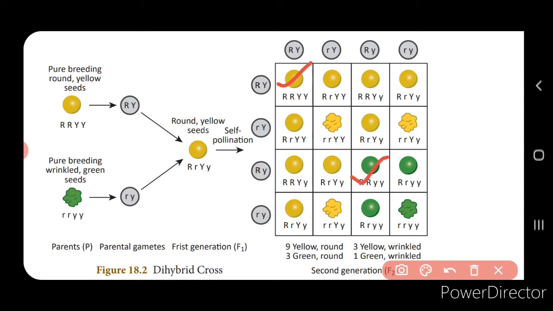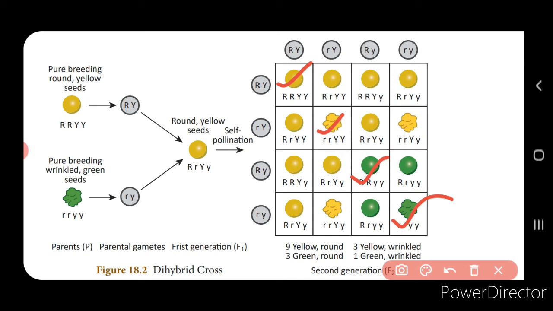Now here in the F2 generation, there are round yellow seeds, round green seeds, wrinkled yellow seeds, and wrinkled green seeds. Now here you can see the ratio of each phenotype, that is the appearance, the external expression of the seeds in the second generation.